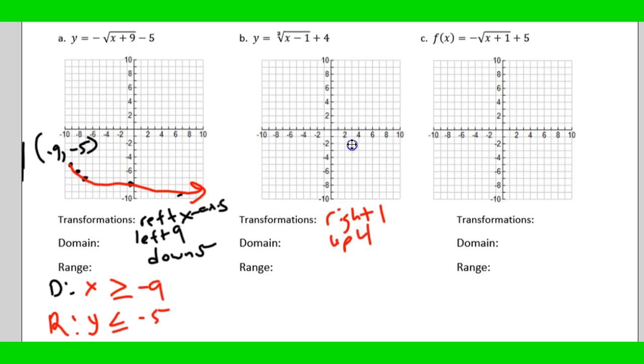Let's see. 0, 3, 1, 4, and 2, 5. And then 9, 6, and -7, 2. All right, there we go. So something like this.